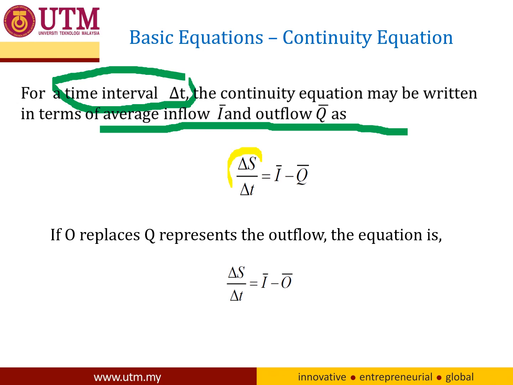The change of storage against the change of time we can estimate by using the average of inflow minus the average of outflow. Then we can simplify here: O means outflow, Q is flow. All are flow actually. I is inflow and O is outflow.